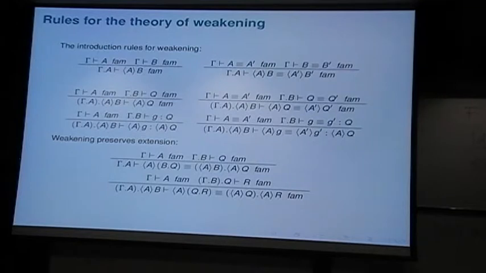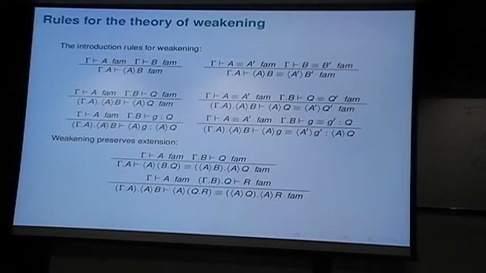If you have some function that preserves extension, then it distributes over extension. So that's what's happening in these rules. If you have Q over B, and you weaken the extended thing, then the weakening distributes over that. And that only makes sense if you have a family action of weakening. And the second rule says the same, but for family extension.